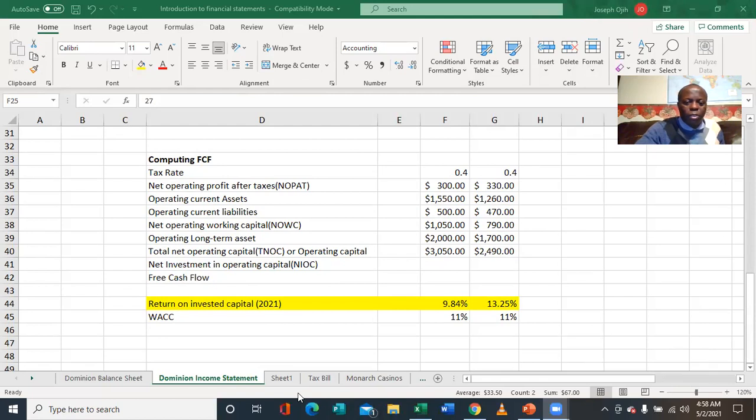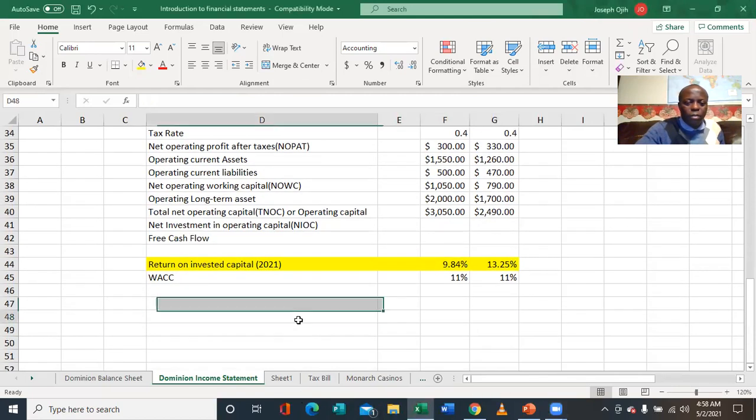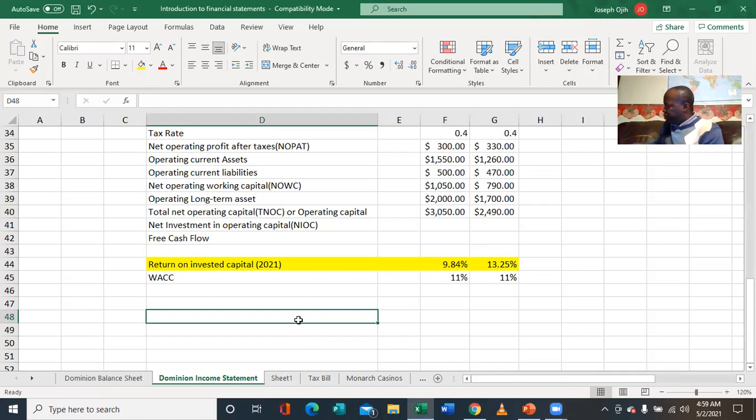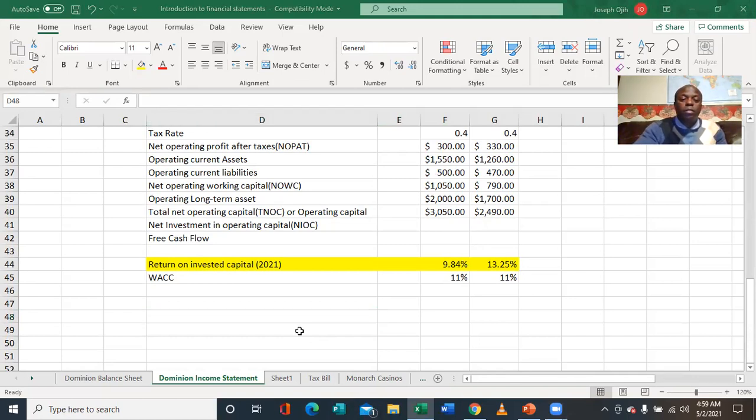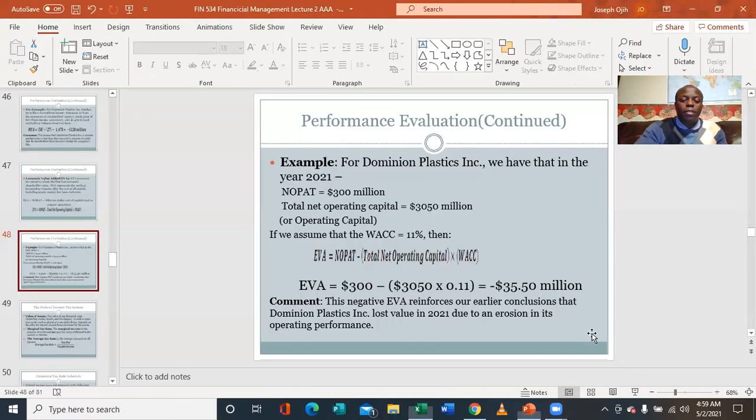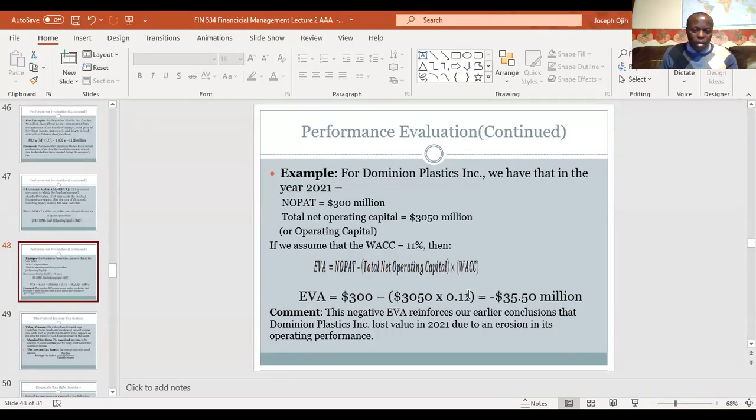Now we have a column for this. All right, let's do the calculations. Economic value added equals NOPAT minus total net operating capital times weighted average cost of capital.